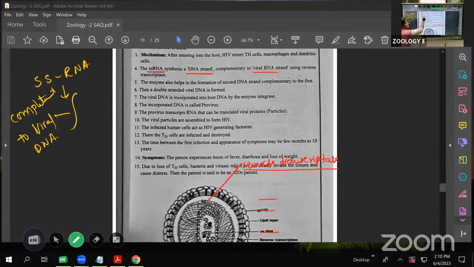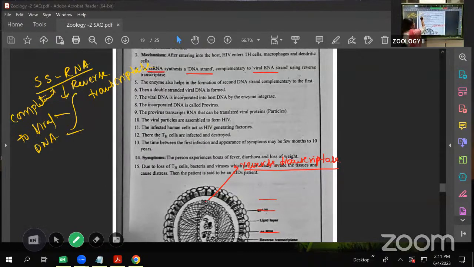That first strand is synthesized with the help of reverse transcriptase enzyme.